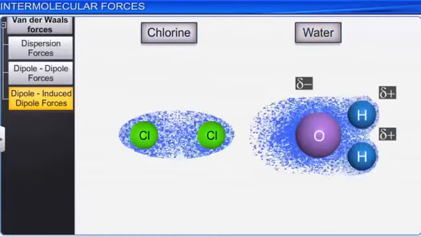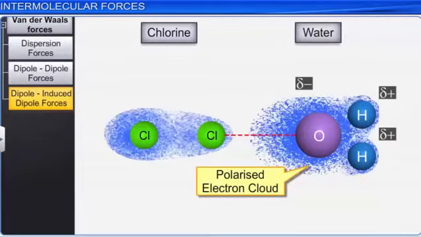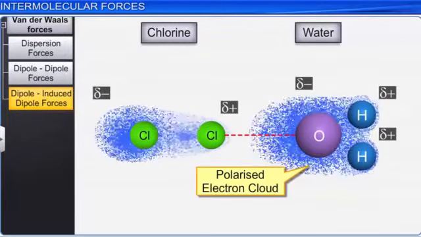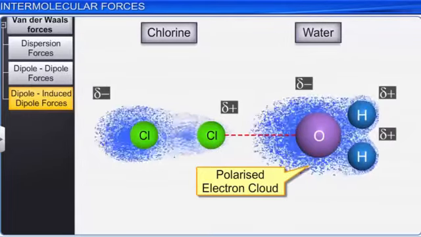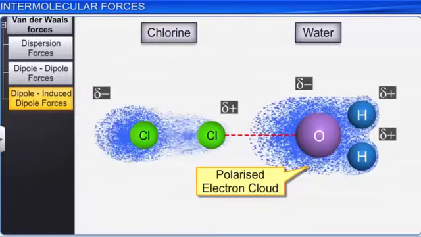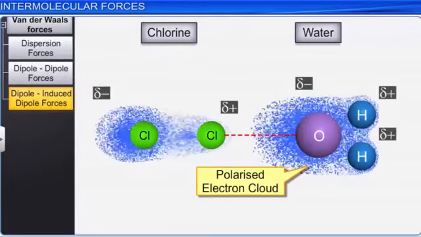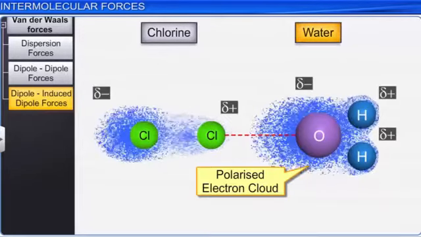The permanent dipole of the water molecule polarizes the electron cloud of chlorine and induces a dipole on the electrically neutral chlorine molecule. Thus, dipole-induced dipole interactions come into existence between water and chlorine molecules.